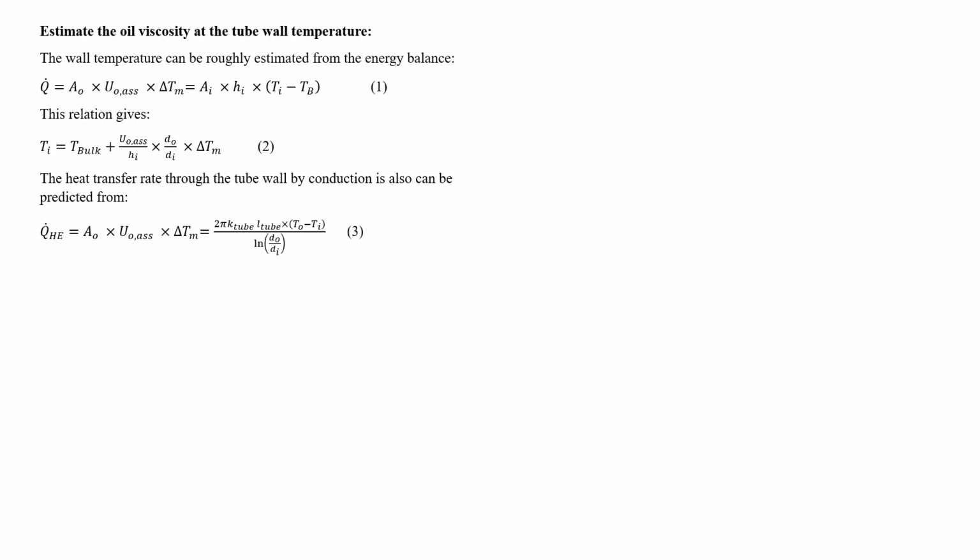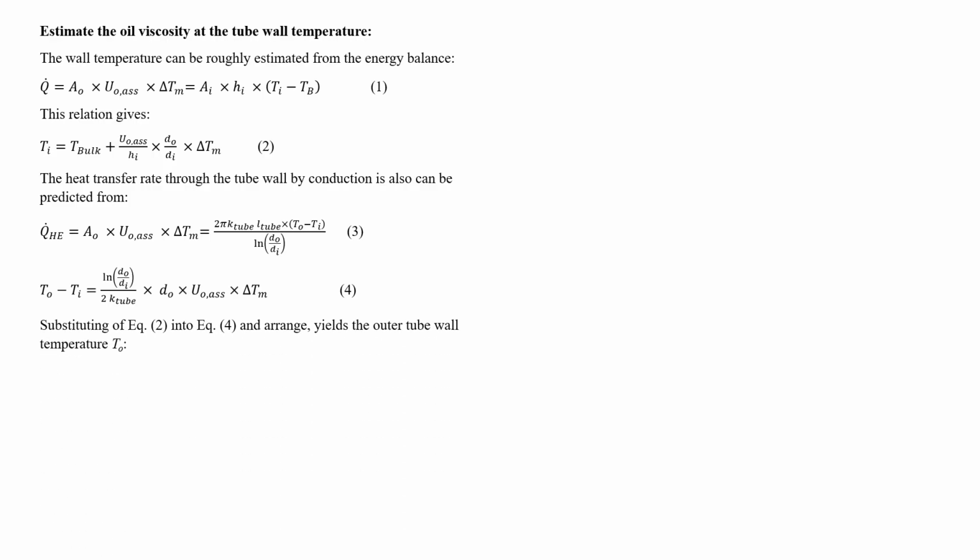Similarly, we have the overall heat transfer rate corresponding to the conduction heat transfer through the tube wall as presented in equation number 3. And that will give us T naught minus T i, which represents the temperature difference between the outer and the inner surfaces of the tube.